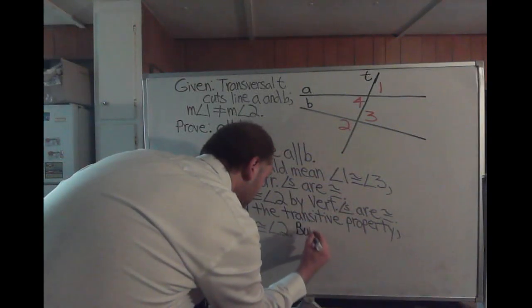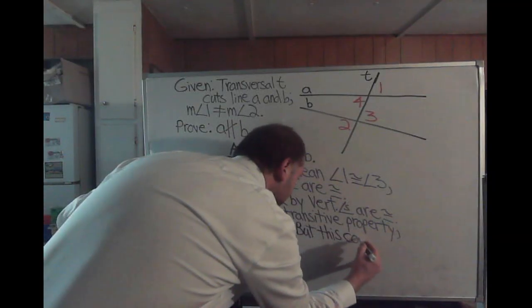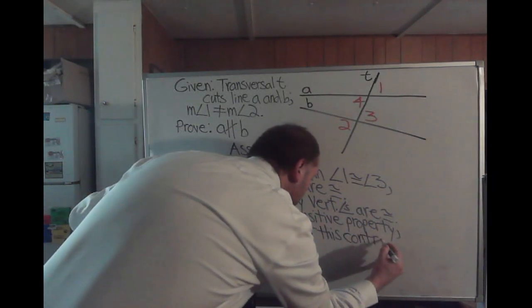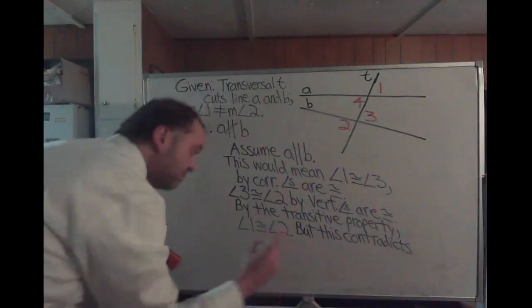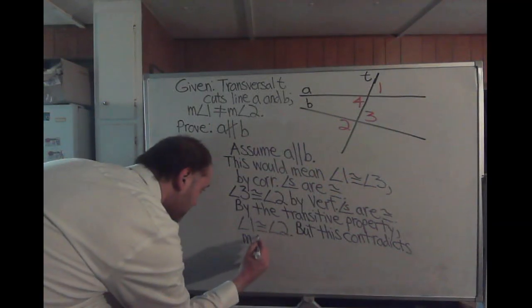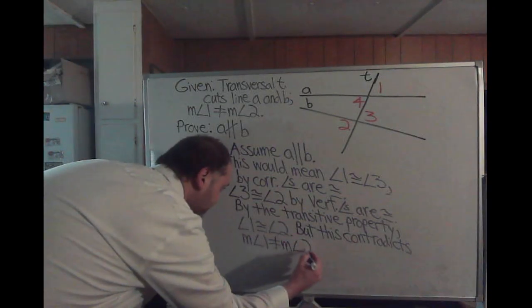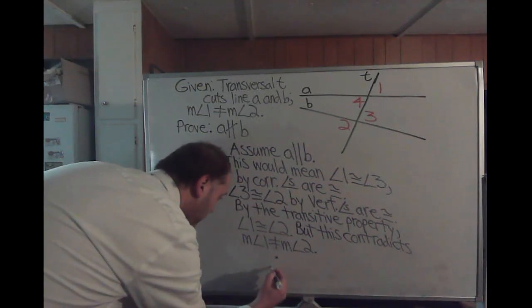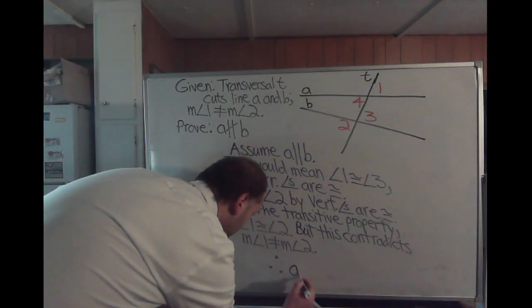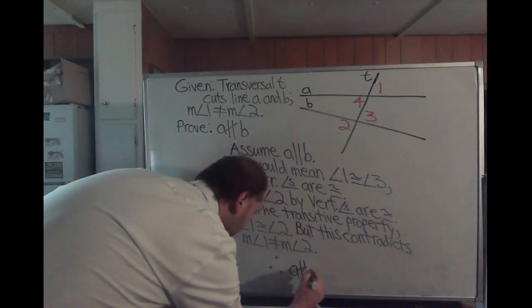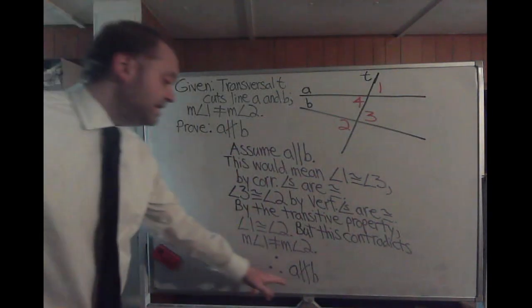But this contradicts the given statement, the measure of angle 1 does not equal the measure of angle 2. Therefore, A is not parallel to B. We can soundly say now that A is not parallel to B.